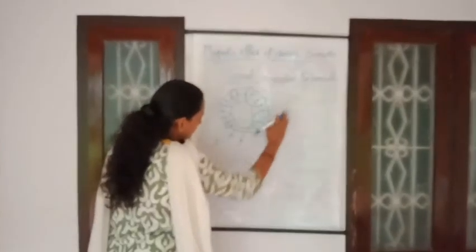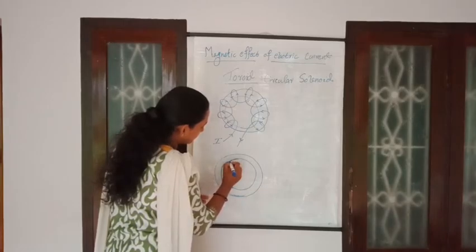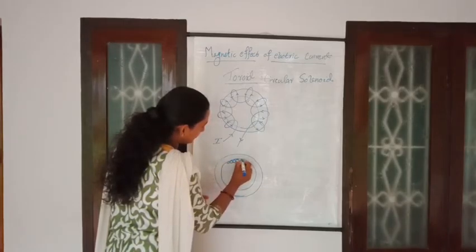And when you cut this, the wire will come now. So this is the wire's cross section.